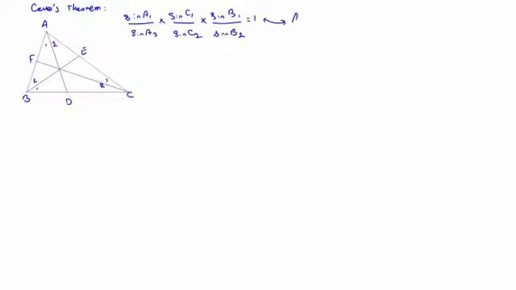Then, by Ceva's theorem, we know that sine A1 over sine A2 times sine C1 over sine C2 times sine B1 over sine B2 is 1. If it is 1, it is equivalent to AD, BE, CF being concurrent.